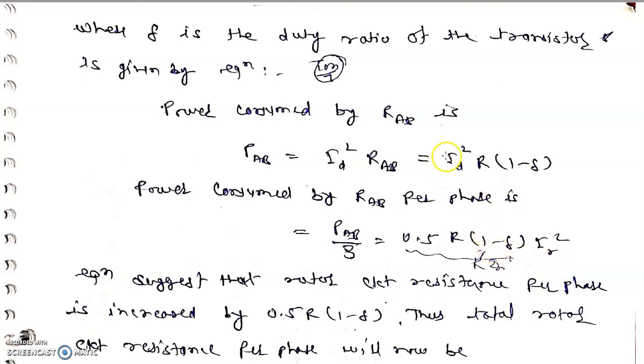ID can be replaced as root 2 by 3 into IR. So this value will become 0.5 R into (1 minus delta) into IR square.